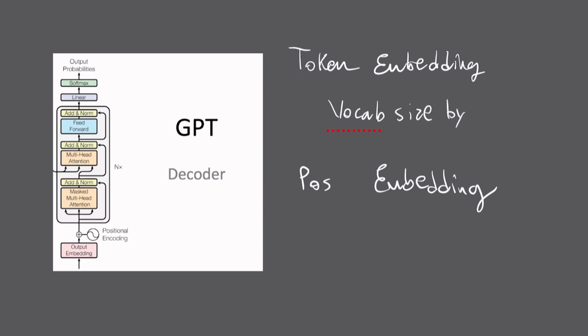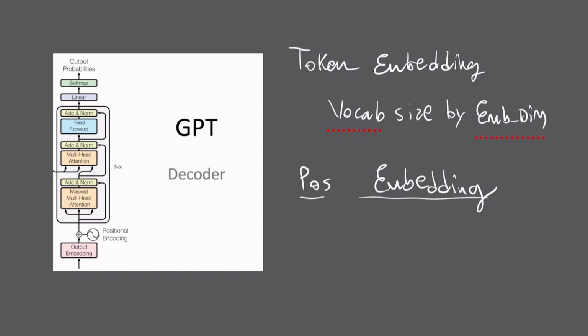So maybe the total number of unique words in our body of text that we're training the model on. Vocab size by embedding dim, where embedding dim is actually our choice. And the higher that we make embedding dim, the more complex of a relationship the model can learn.